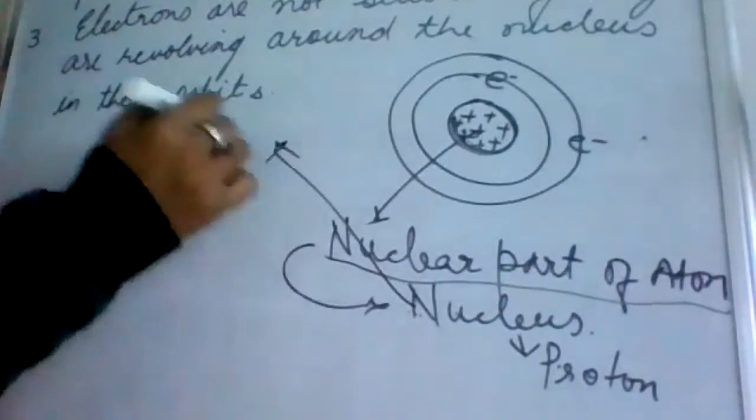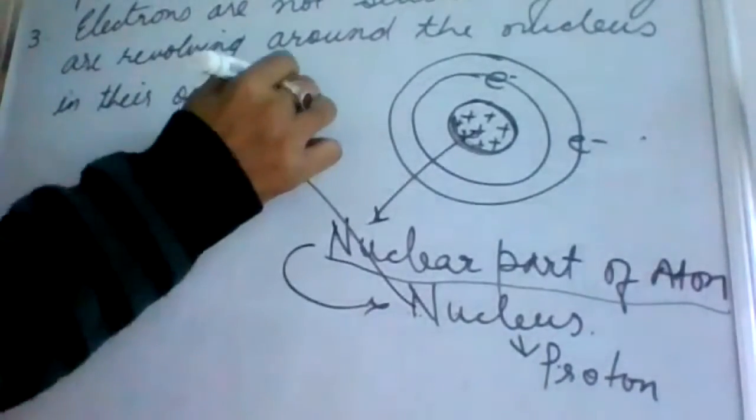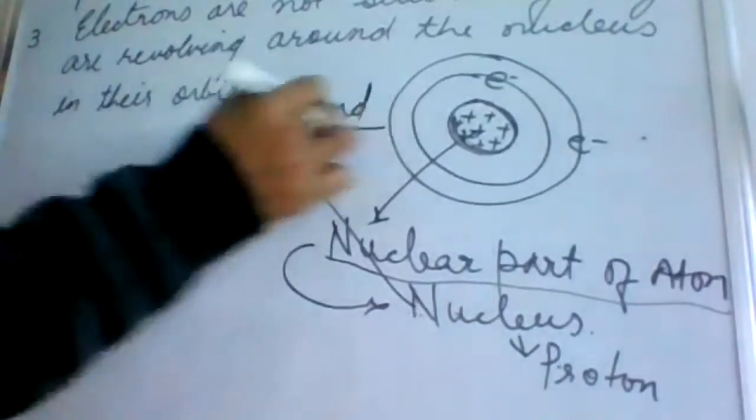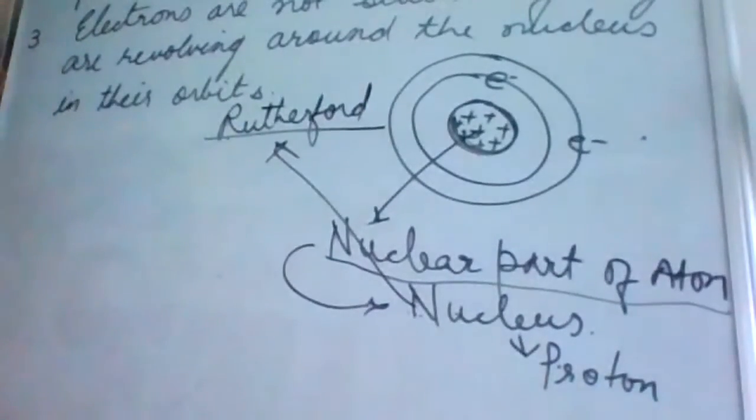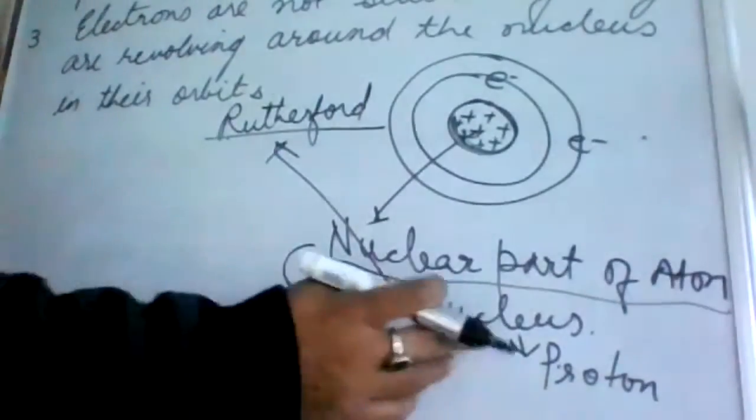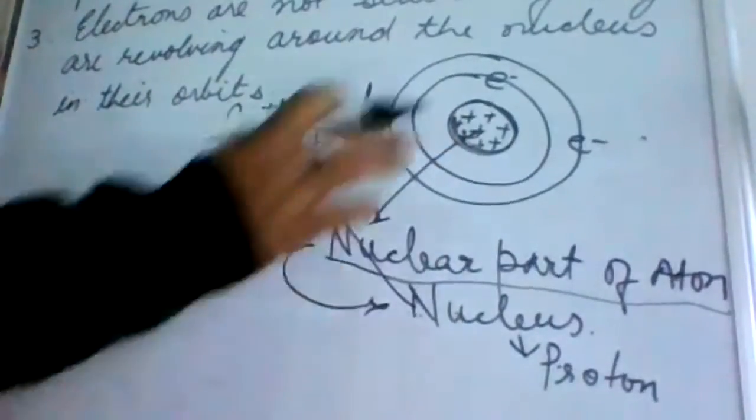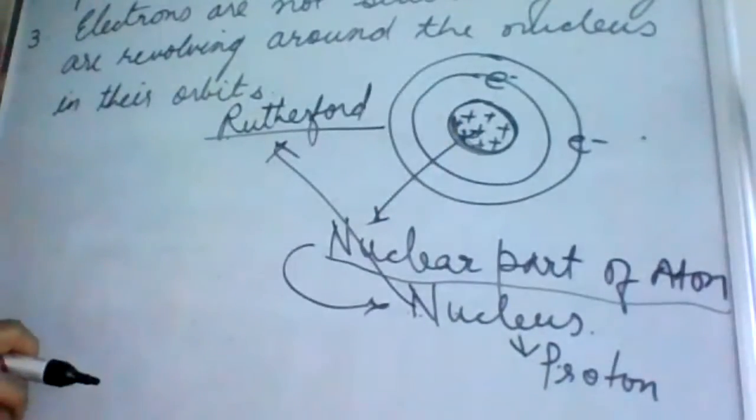Who discovered it? Rutherford. He was the person who told that where proton is present, in the center, that center he gave the name nucleus.